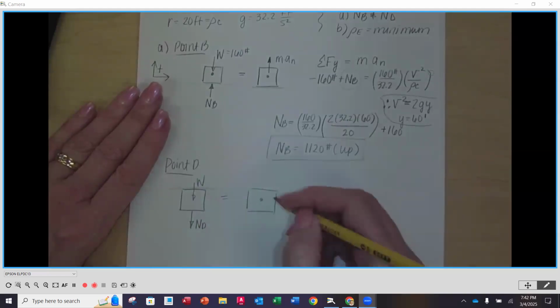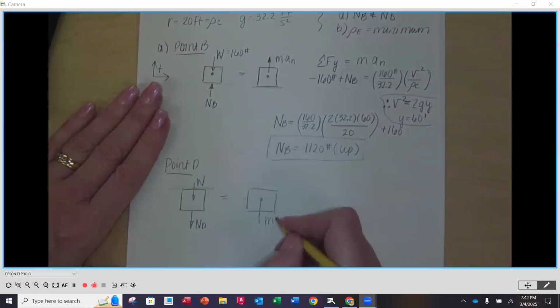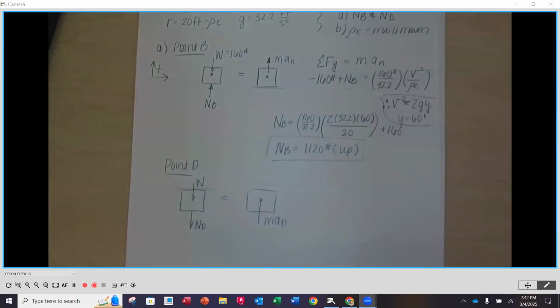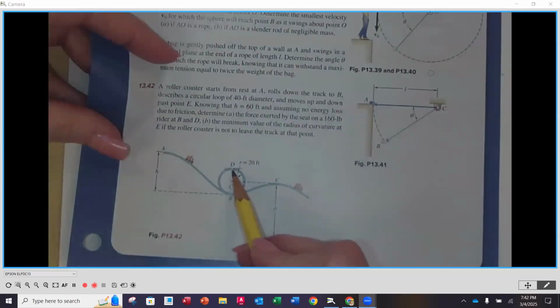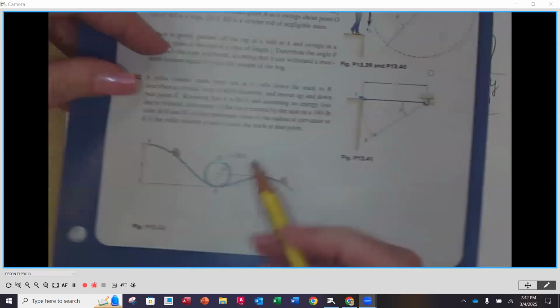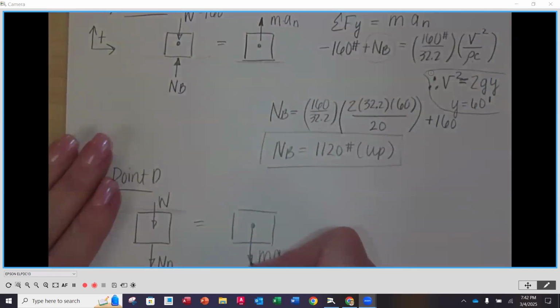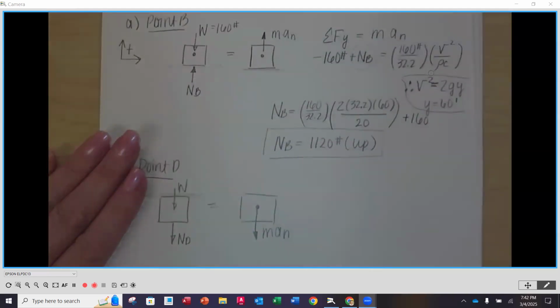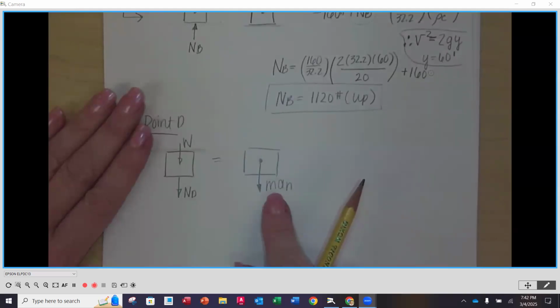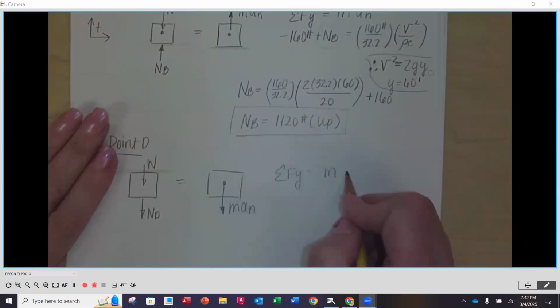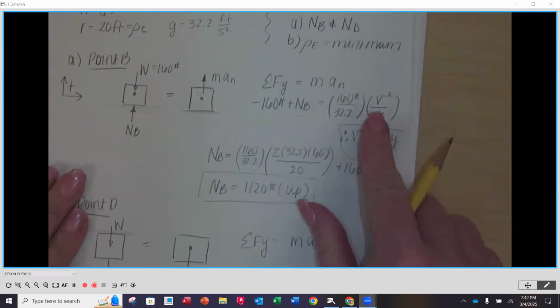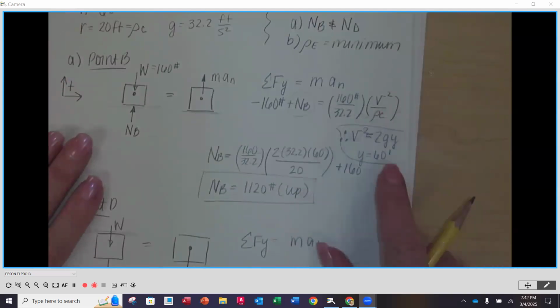Now, from the center, mass times acceleration normal, because we're at the top of that curve this time, the normal acceleration is going to point down towards the center of rotation. So that means that our mass times our normal acceleration is going to point down. Then you'll do that very same thing: sum of the forces in the y equals m times normal acceleration. You're going to do that same substitution, but this time your y is different.